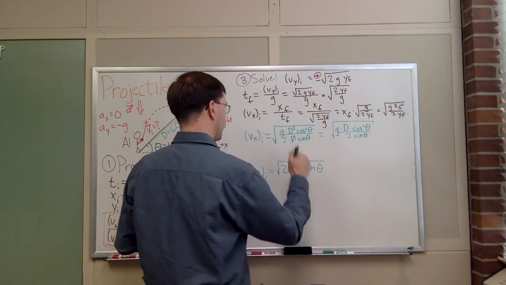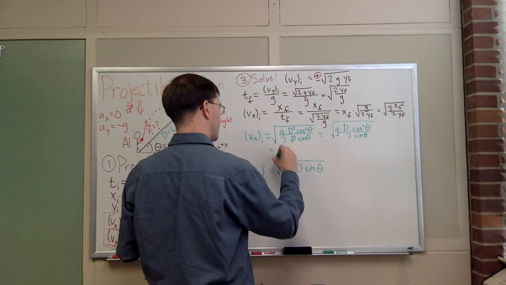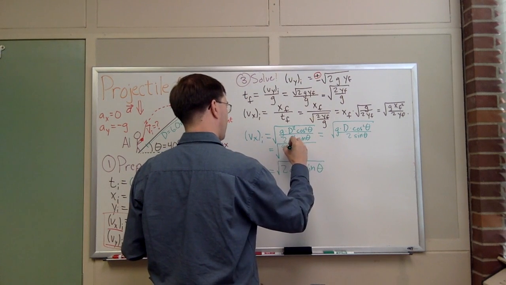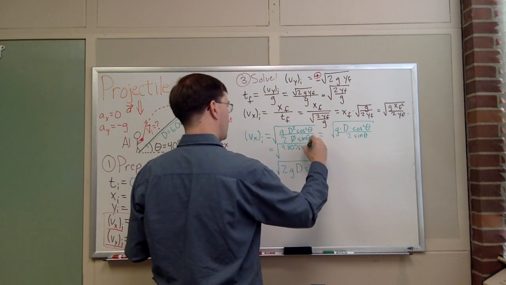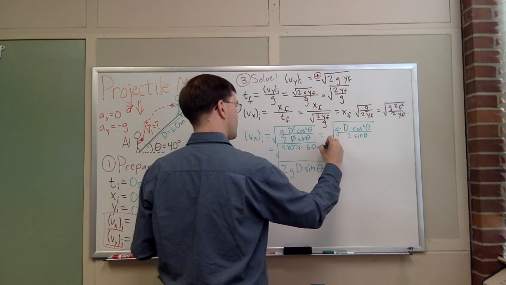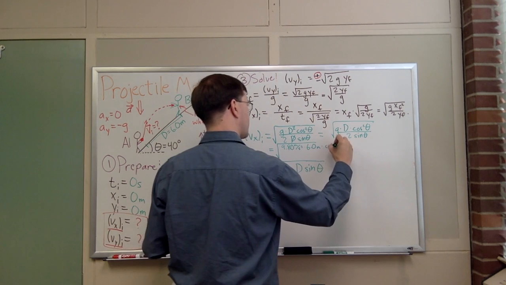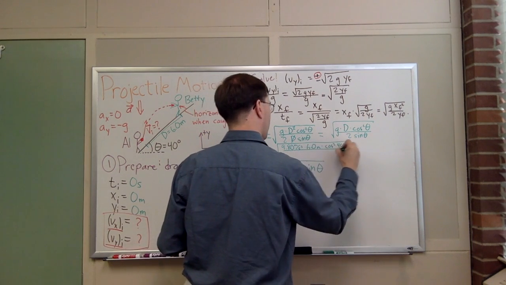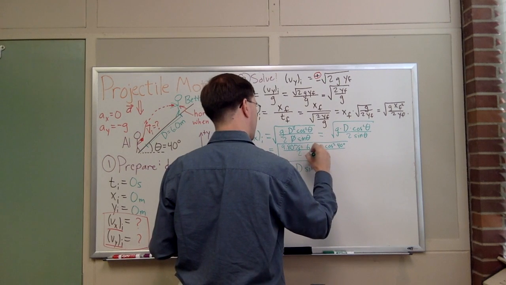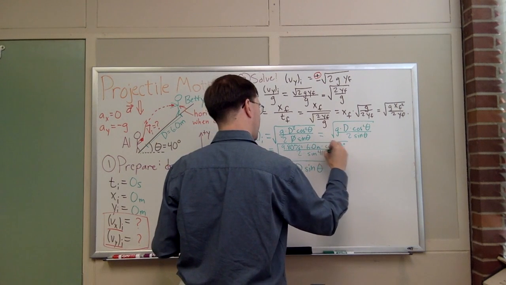Brilliant. This top one becomes the square root of 9.80 meters per second squared times d was 6.0 meters times the cosine squared of 40 degrees over 2 times the sine of 40 degrees.